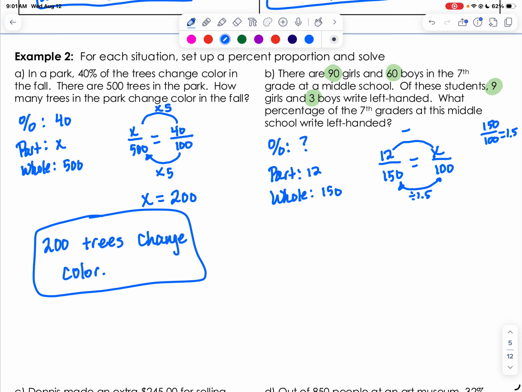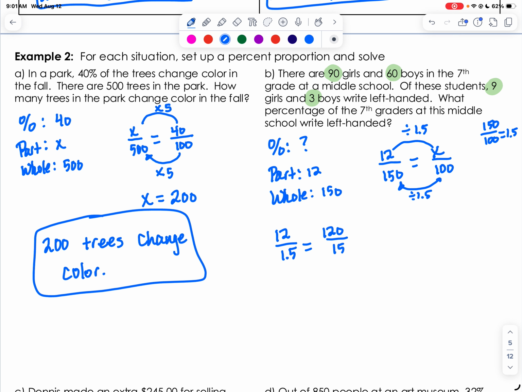So to find X, I would have to take 12 and divide it by 1.5. So 12 divided by 1.5. Remember, when we're dividing by decimals, your divisor has to be a whole number. So I'm going to multiply these both by 10 and rewrite that as 120 divided by 15.